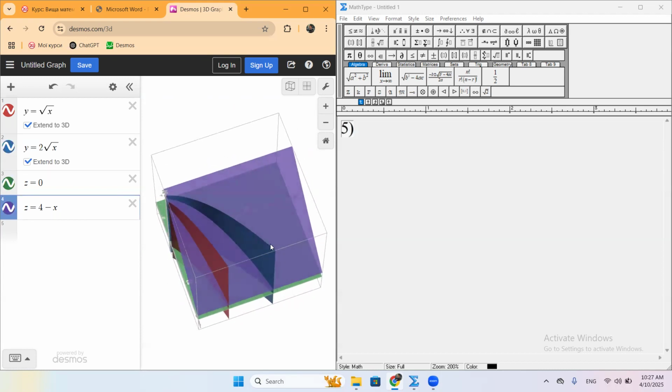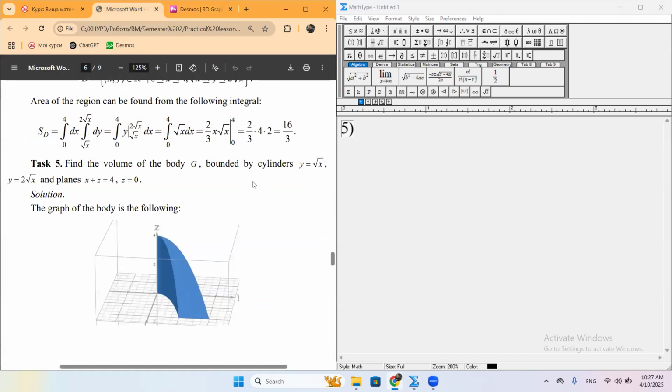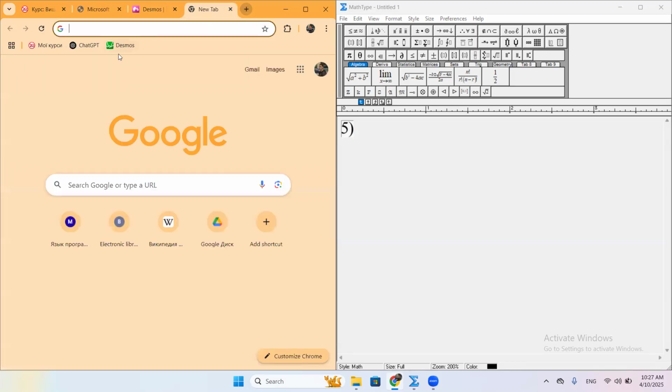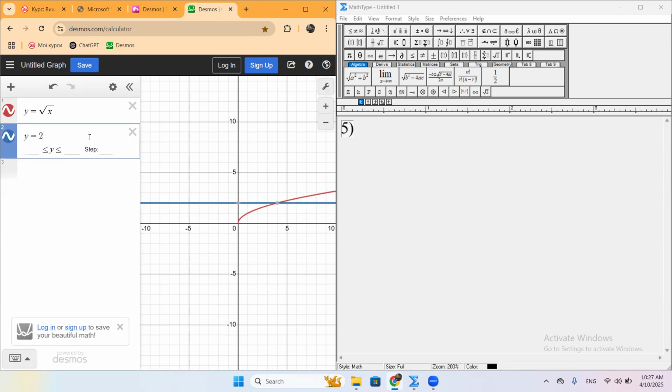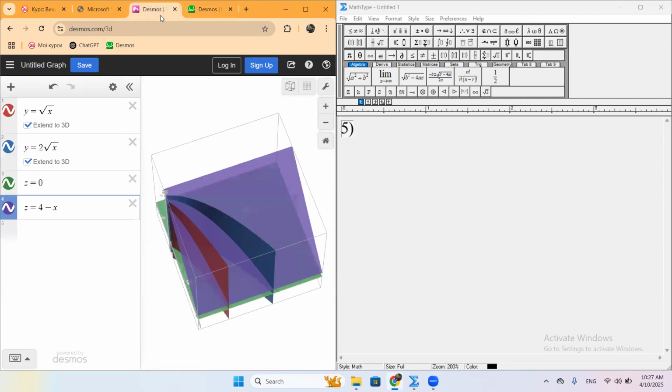So then we will do the following. We have to plot the projection of this body on the plane xy. So four cylinders, and then how to find this bound.